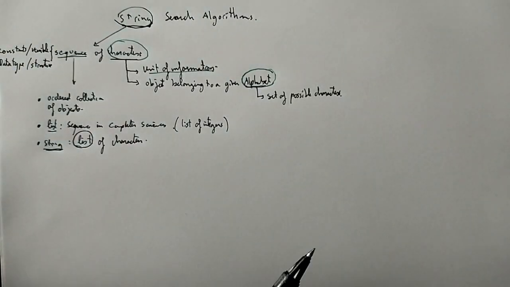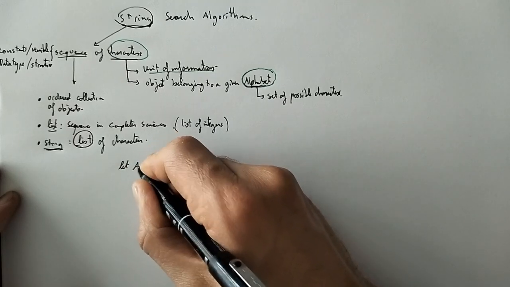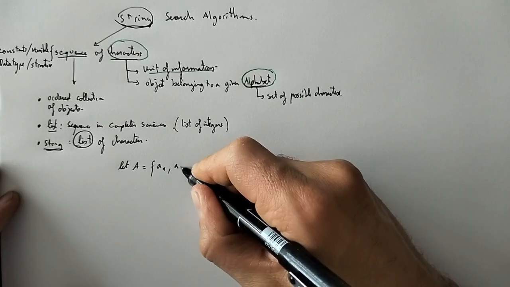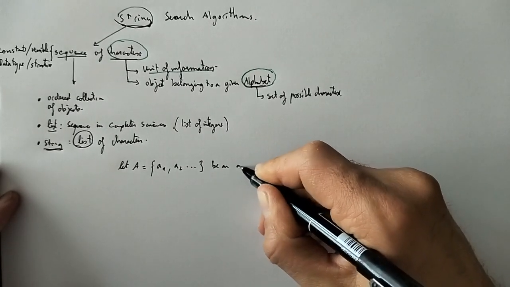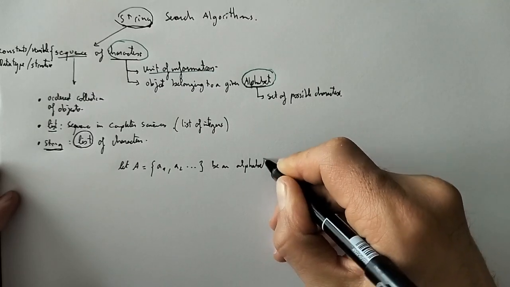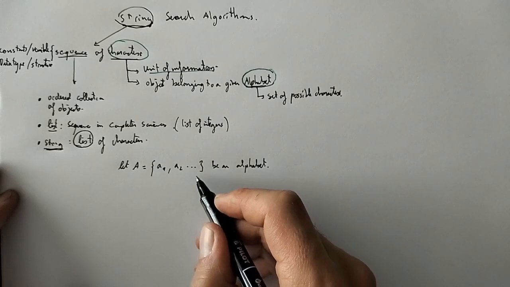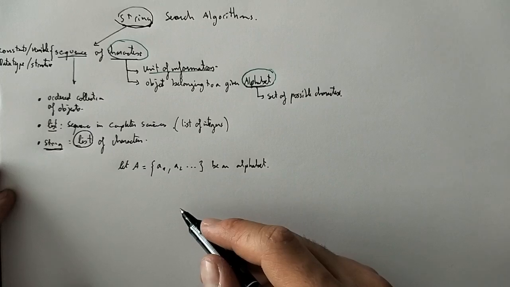Now let's try to give some examples. Let A1, A2, and so on be an alphabet. So A1, A2, and so on are the possible letters, the possible characters that we can use.